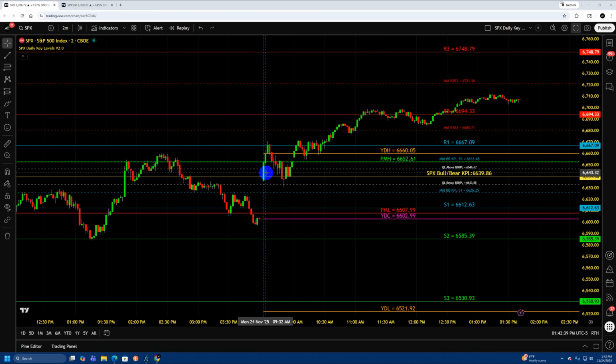For this particular session, this candle here, closing where it closes, is within the acceptable range for a trade off of the bull bear key price level, specifically a bullish trade.